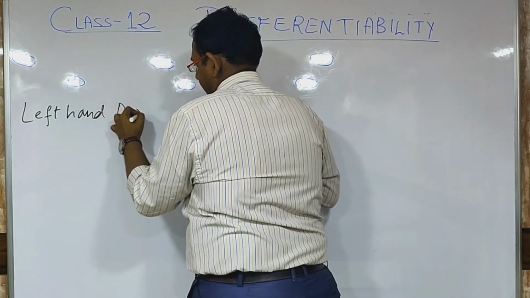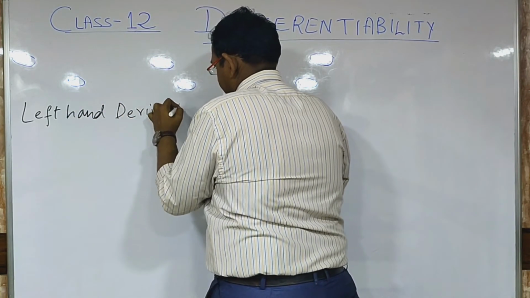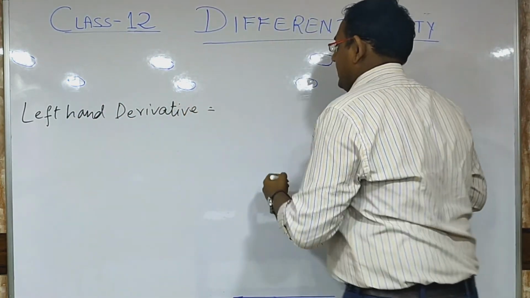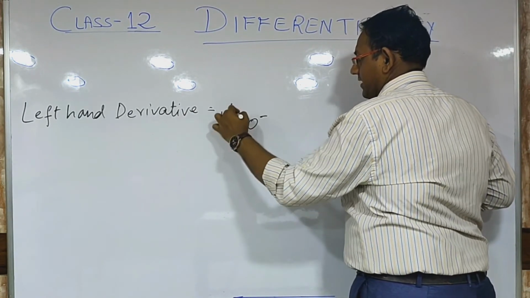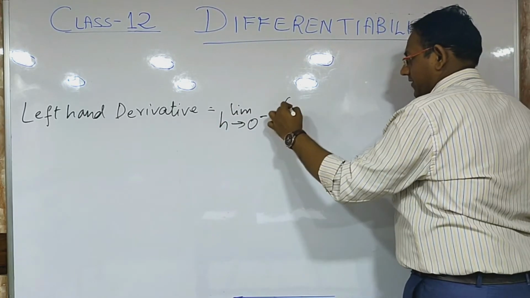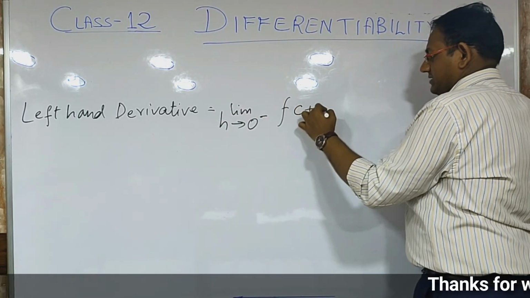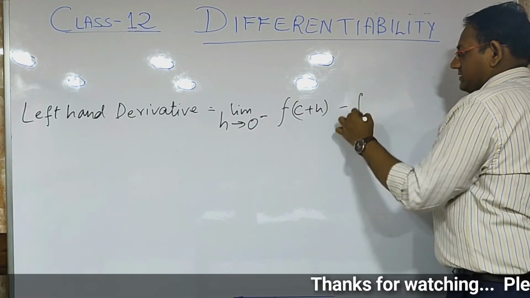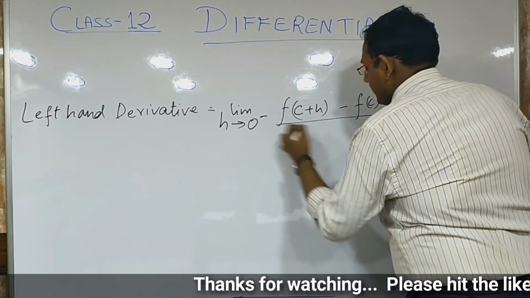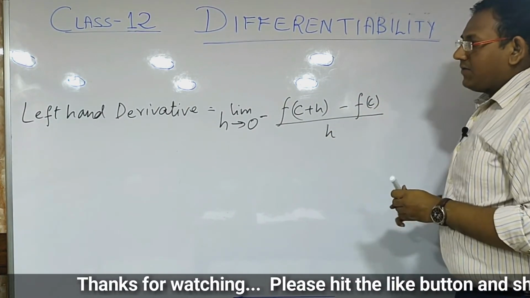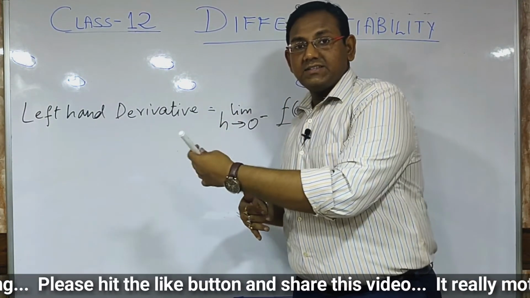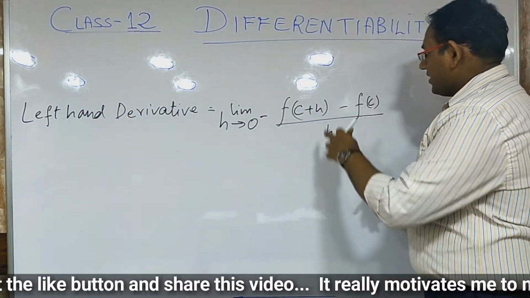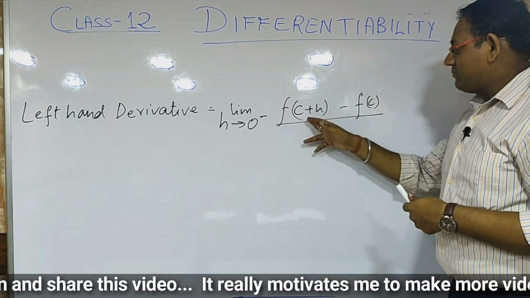We write this as the limit as h tends to 0 negative of f of c plus h minus f of c, divided by h. Now why is it 0 negative? Because we are thinking about the left hand side, and the left hand side is always negative.